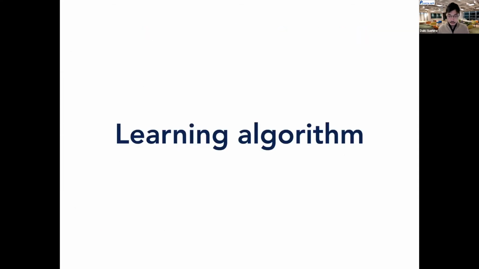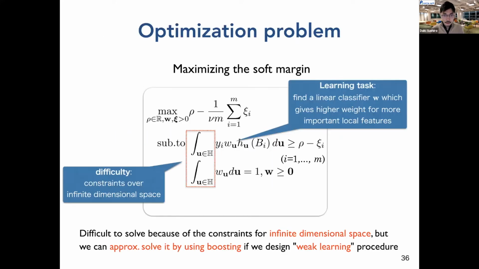Okay, next we introduce the learning algorithm. And here's the optimization problem that we want to solve. And you can ignore the detail of the problem. And roughly speaking, the learning task is that we find the linear weights that give higher weight for more important shapelet-based local features.